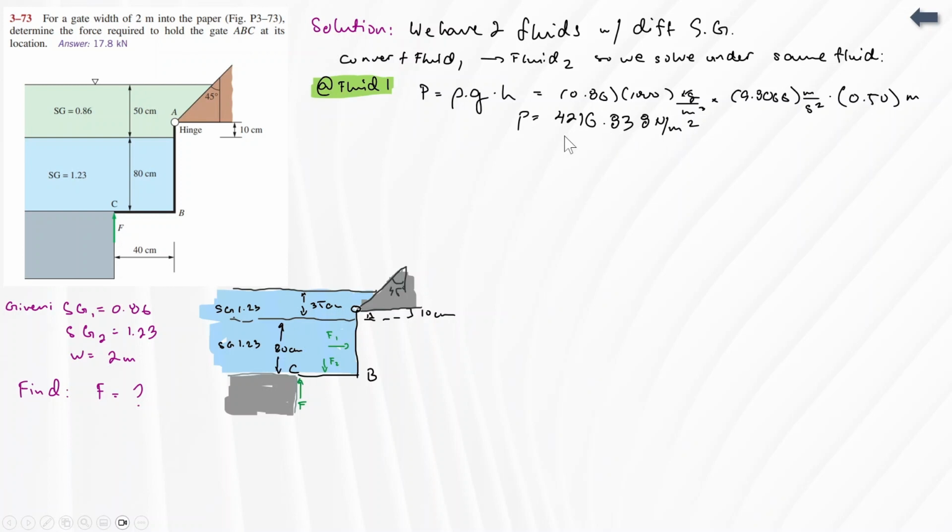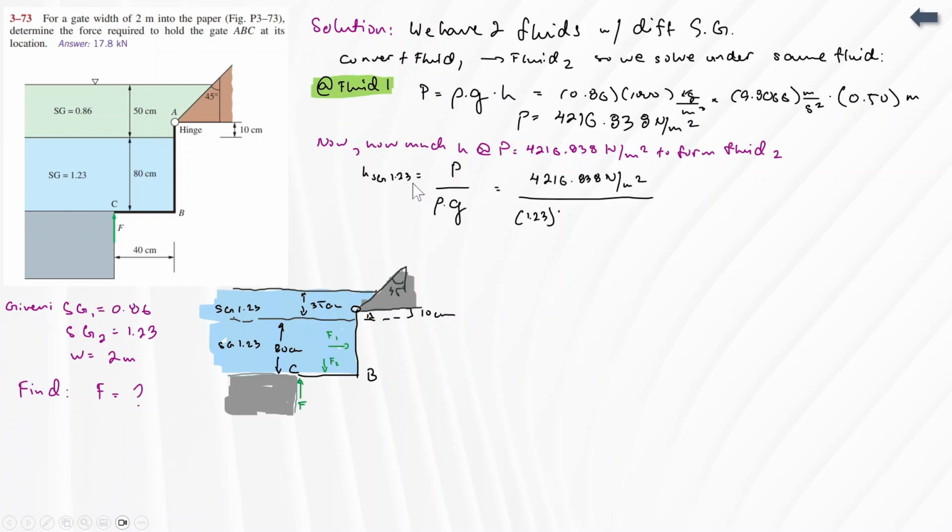And then from here, since this is a pressure, the next part dito is how much of the same pressure can this fluid provide at this. So at this pressure, how much height of water can this fluid of 1.23 specific gravity can provide? Okay? So we just gotta equate lang here, and then there we go.